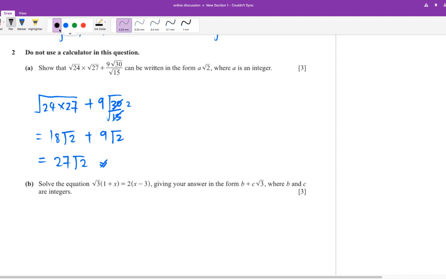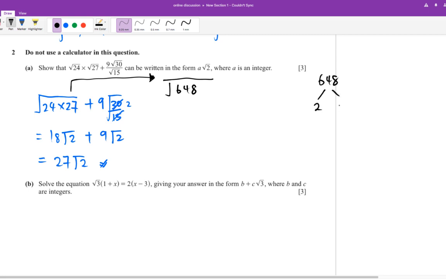Just in case some students do not know how I get the 18 square root 2, what you can do over here is, you just normally do 24 times 27, which is 648. So you need to find a perfect square number from here. Normally I will do the prime factorization.